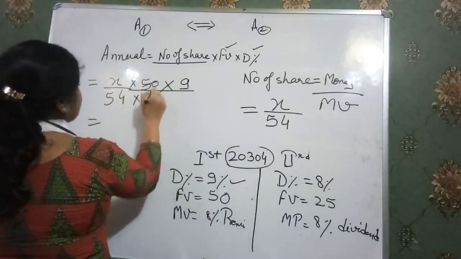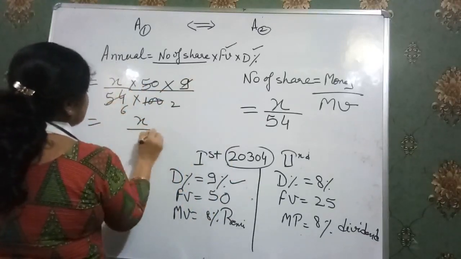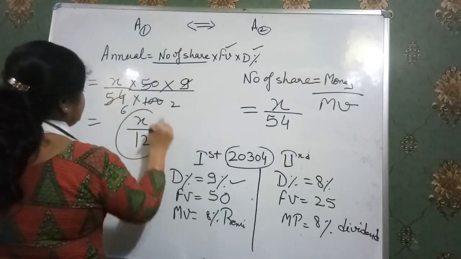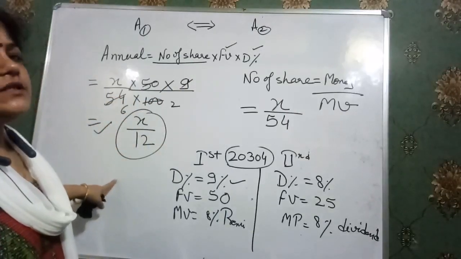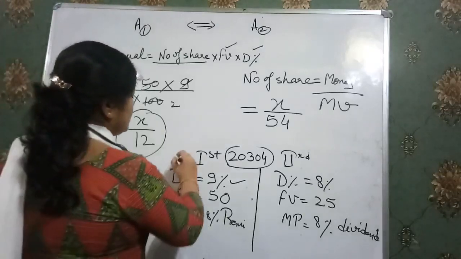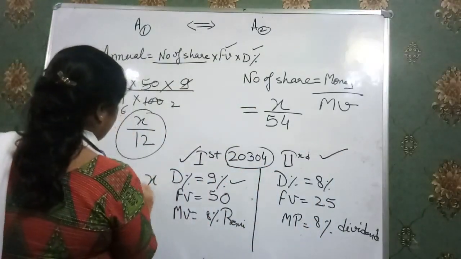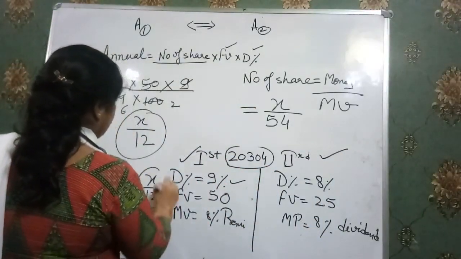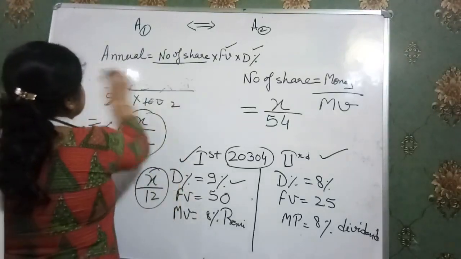So 52 is 100, 9 6s are 54, that means x over 12. This is the annual dividend which the shareholder received in the first case. Now we have to calculate for the second case. So here we have for the first case x over 12.